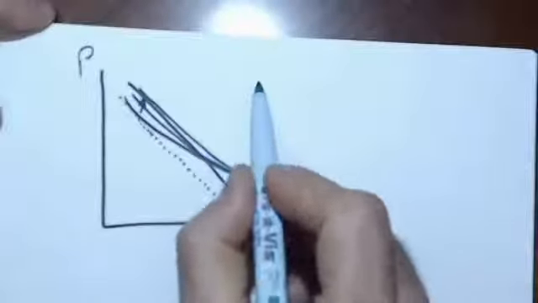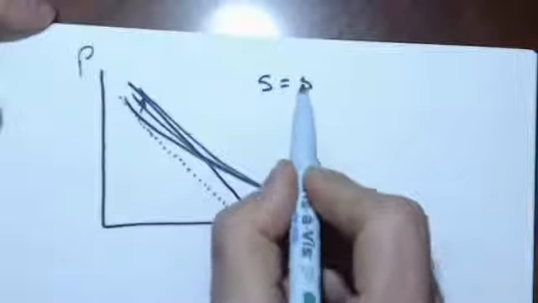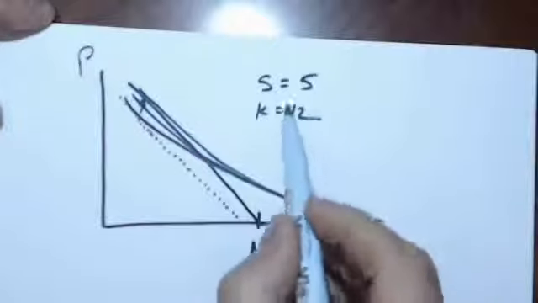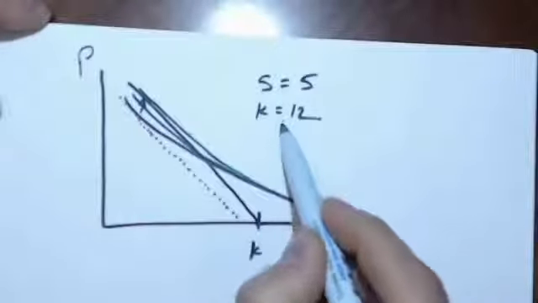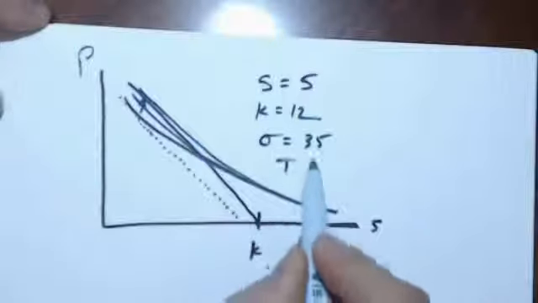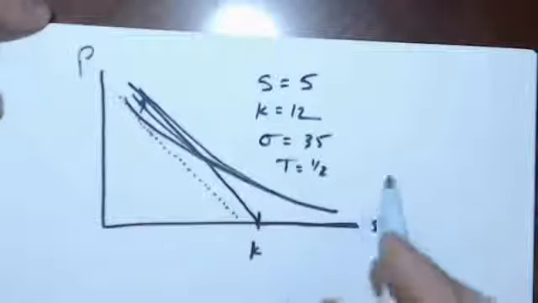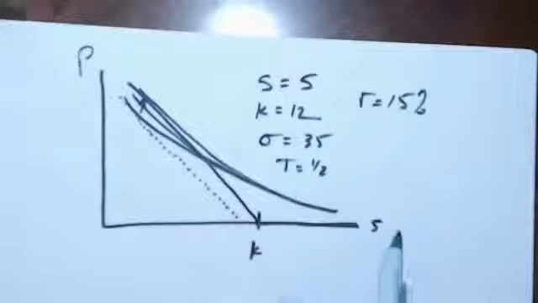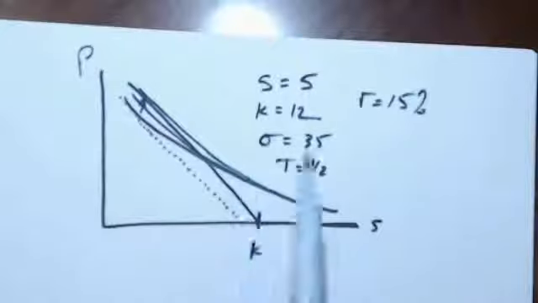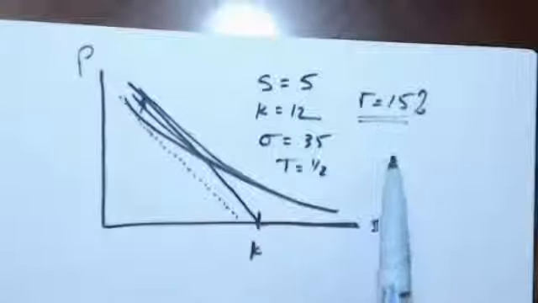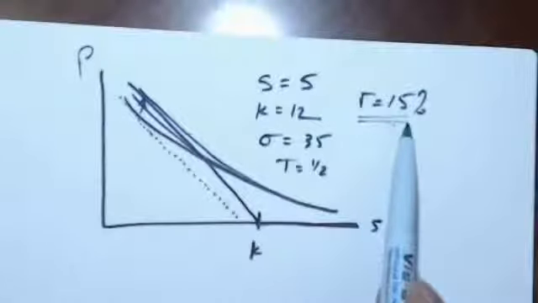If you have software from the internet, you can plug in S equal to 5, for example, and a K of 12, so you have a deep in the money put, right? Sigma 35, T of 1/2, a half year option, and an R of, say, really high, 15%, because we need the time value effect, that growth from opportunity cost, coming into play.